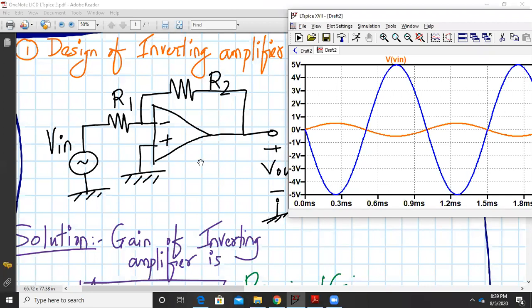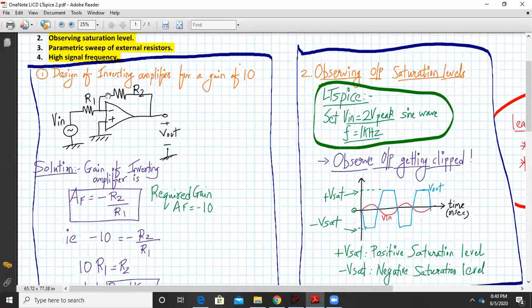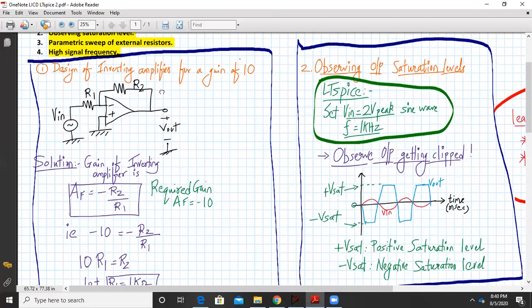So we have designed an inverting amplifier which is giving me a gain of exactly 10, and you can see how accurate the answer is. So just by connecting two resistors R1 and R2 and an op amp, we have designed an amplifier with a gain of -10. Okay, so this completes the phase one of this LT Spice simulation.